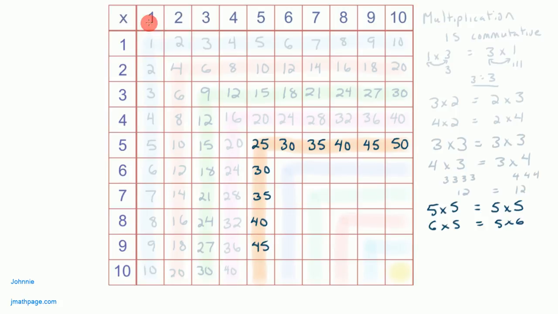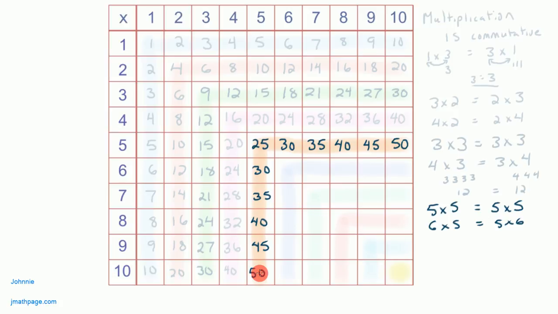10 times 5 is the same thing as 5 times 10, 50. Here we go. And you can see again how they parallel each other. So now we've taken care of our 5s here.